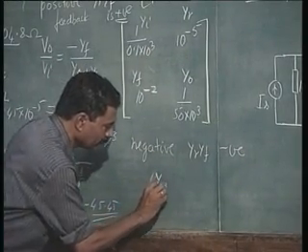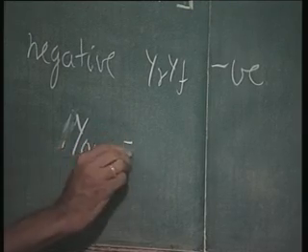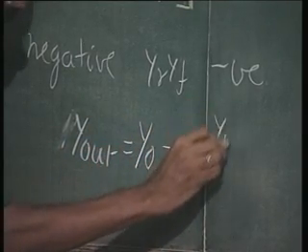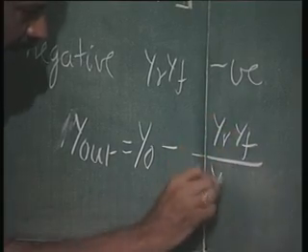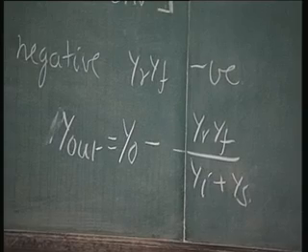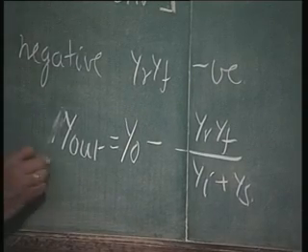So Y out is equal to Y naught minus YR YF divided by YI plus YS. This is what we have evaluated earlier. So how much is this?